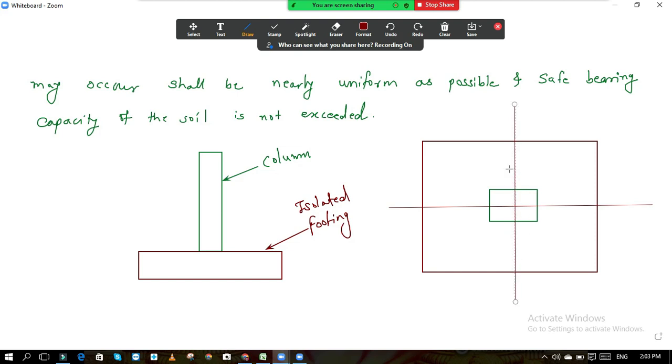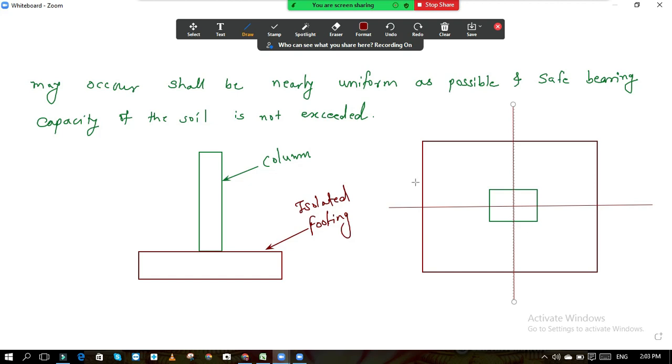What we normally try to do is make the axis of the footing coincide with the axis of the column, that is, the CG of the column and CG of the footing should lie on a single point. If these two points are different, then there will be generation of eccentricity, and an eccentric load will be there.